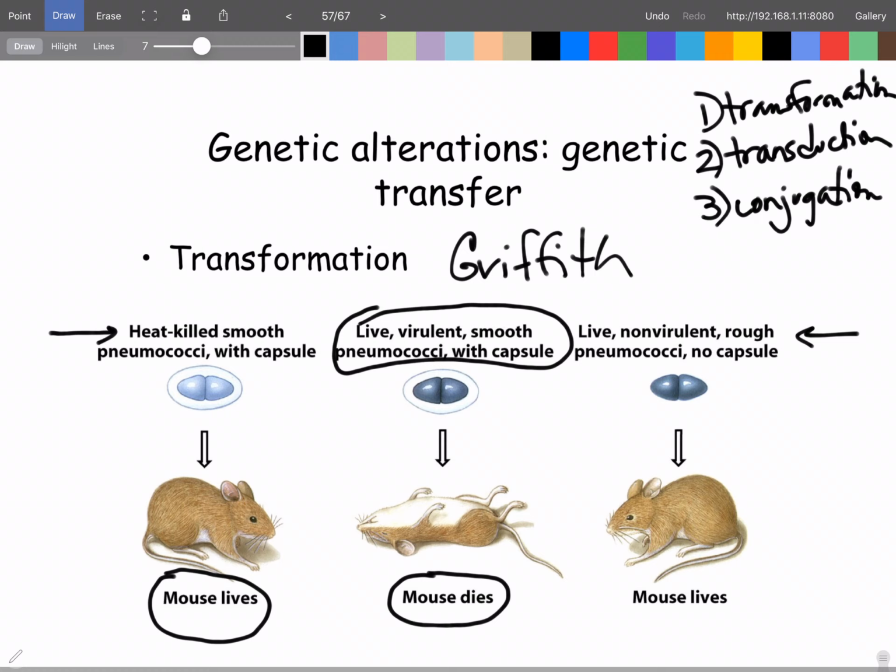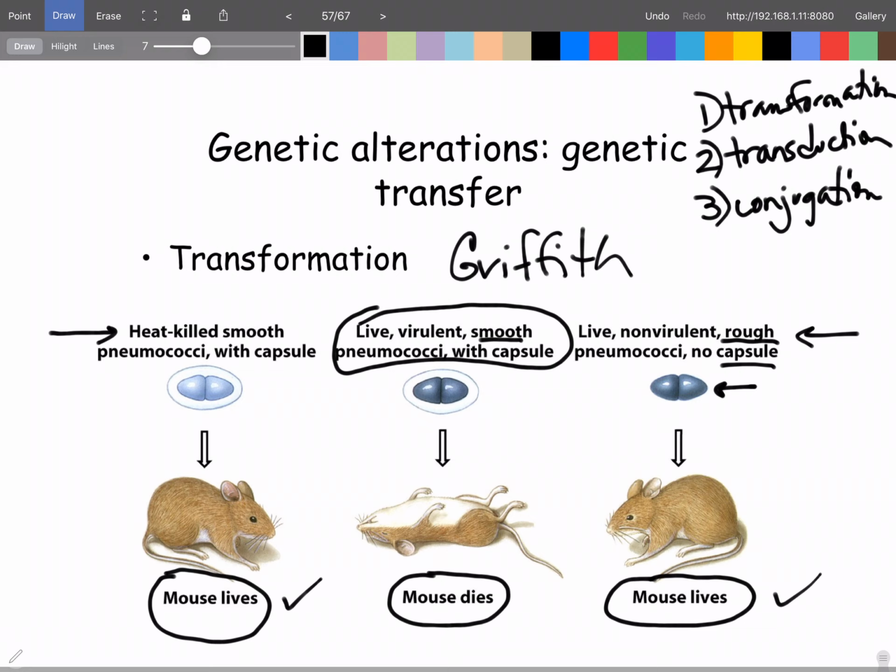He noticed that some of the colonies of bacteria on plates looked rough. They were dull, they weren't glossy like the smooth pneumococci, the normal colonies, because they didn't have a capsule. Capsule gives colonies the smooth, glossy, mucoid appearance. So they didn't have capsule, one of the virulence factors they need to evade their host. He injected those into the mouse, challenged with live bacteria, and the mouse lived. So he had two vaccine candidates here.